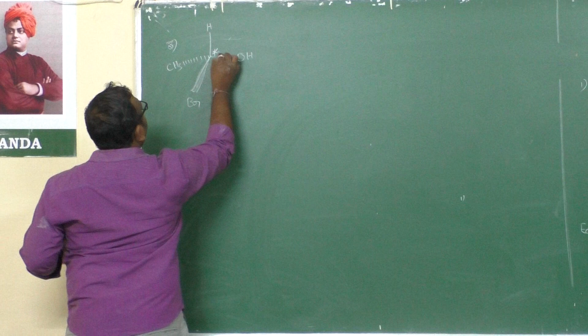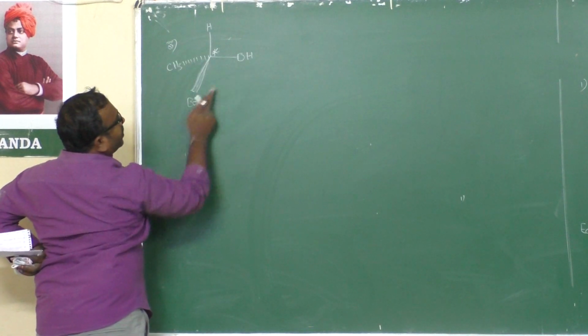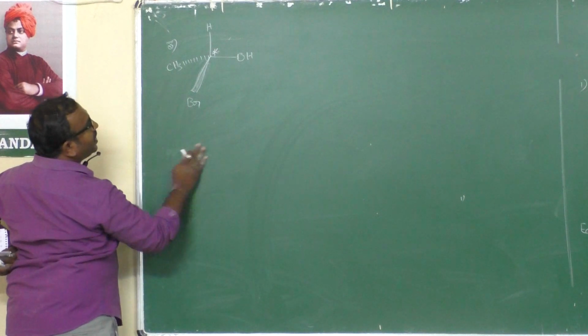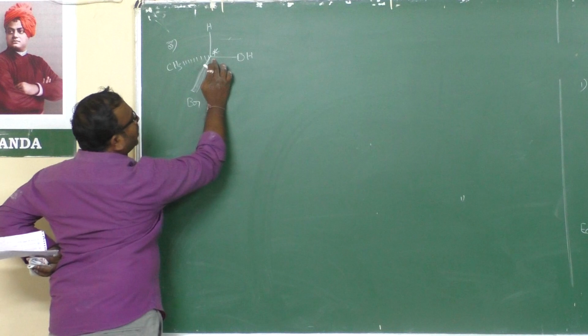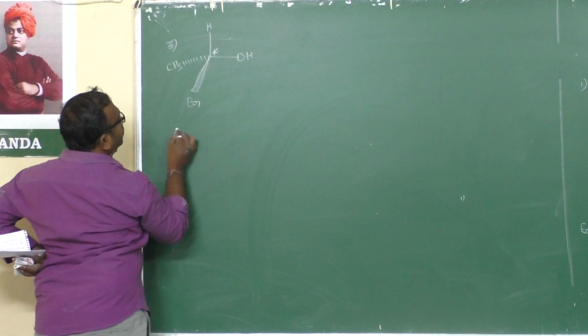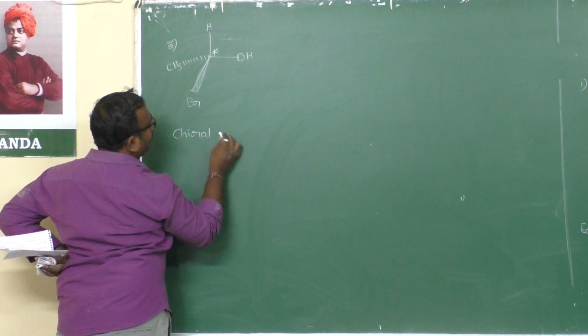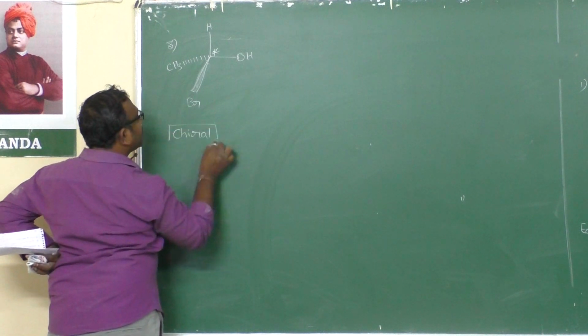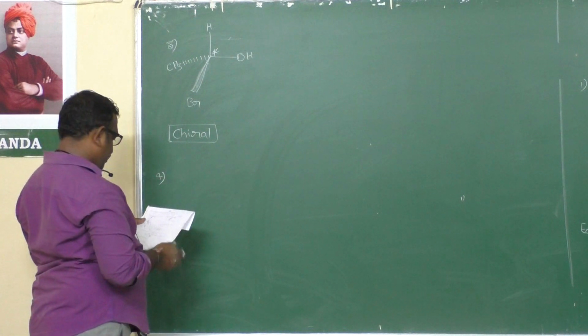Here, this carbon is attached to one hydrogen atom, one hydroxy group, one bromine atom and one methyl group. So here this carbon is attached to four different groups. So it is a chiral carbon. So this compound is chiral. Next example.